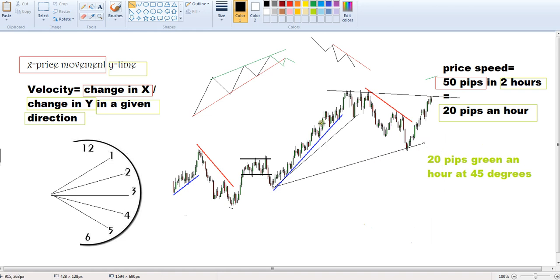Boom. The angle is getting shallower and shallower, which to me indicates a degradation in the upward force. And you combine that with another triple top, you have a pretty good little sell signal right there.